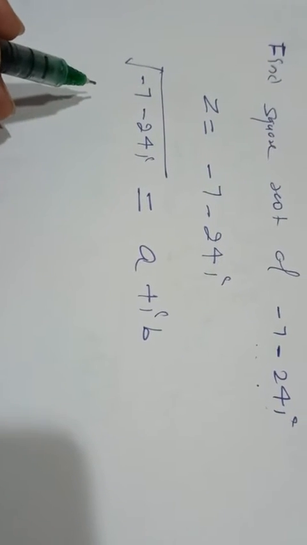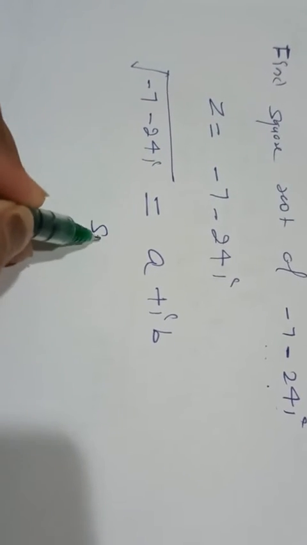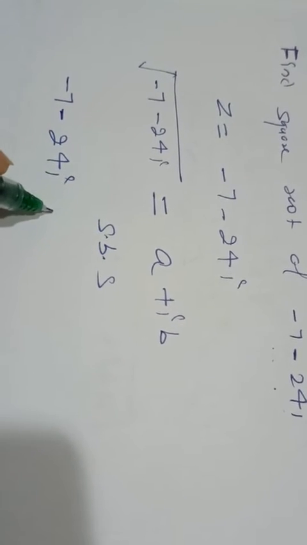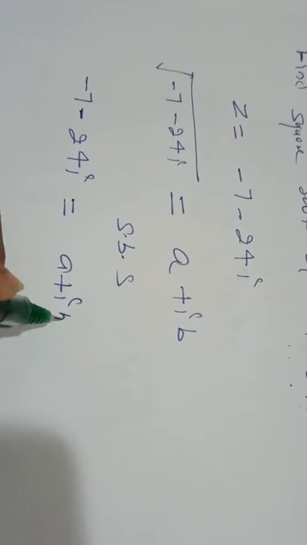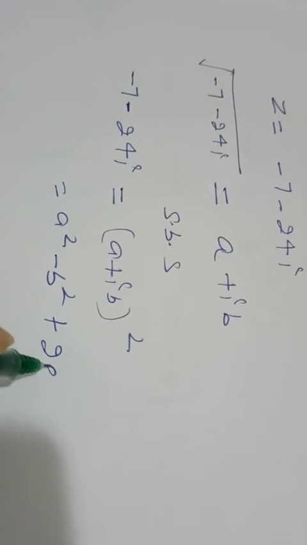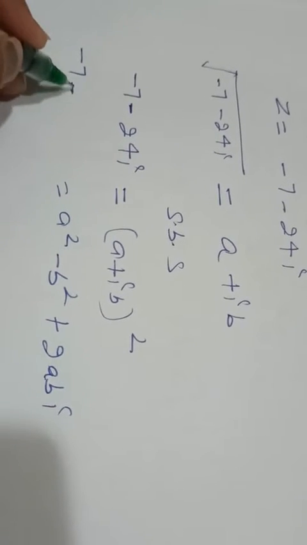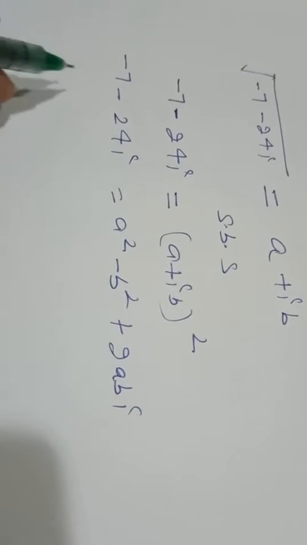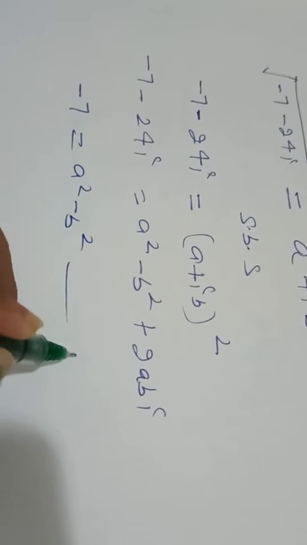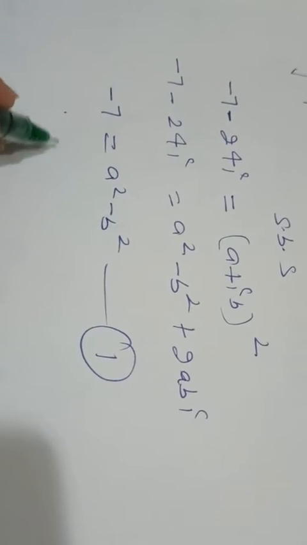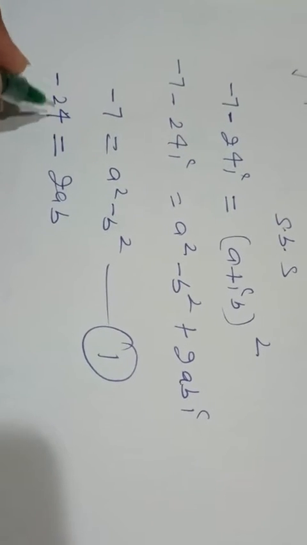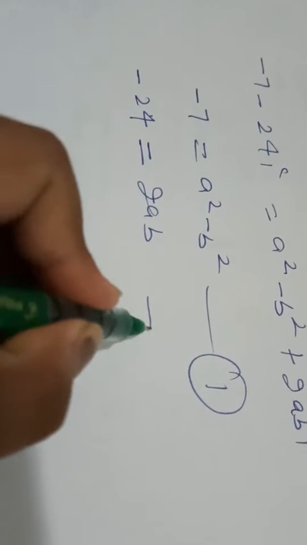So squaring both sides, this gives us minus 7 minus 24 iota is equal to a plus iota b whole square, and this is a square minus b square plus 2ab iota. Real part gives minus 7 is equal to a square minus b square, first equation, and imaginary part will give you 2ab is equal to minus 24 as a second equation.